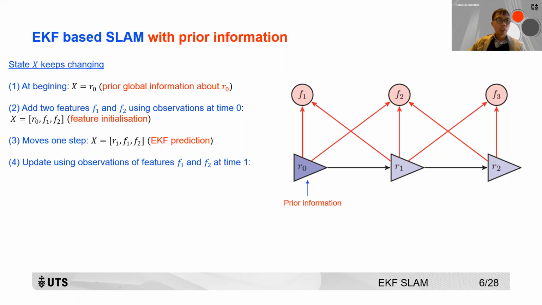After this prediction, we will again observe feature 1 and feature 2 at time 1. So we will update using observations of feature 1, feature 2 at time 1. So we do EKF update. And the state is still R1, feature 1, feature 2.